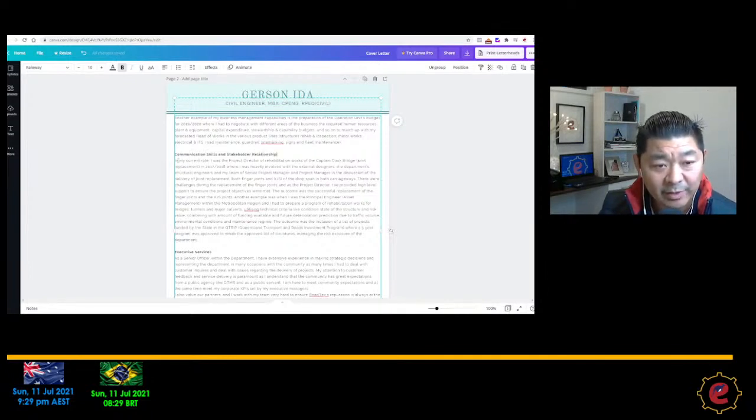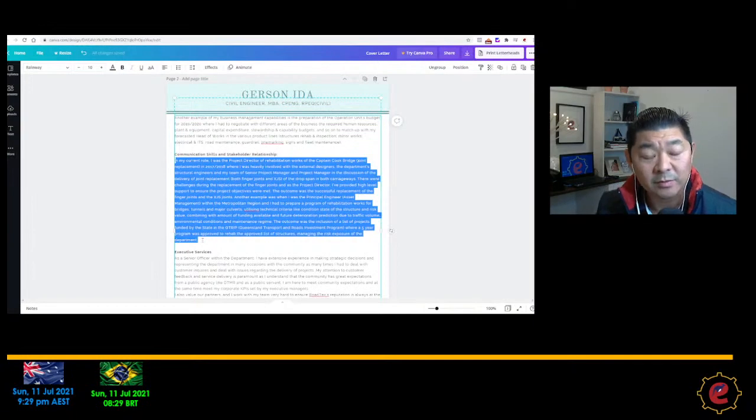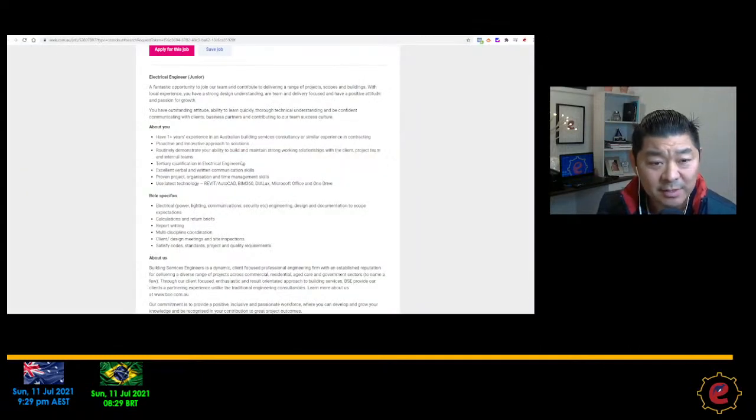I would separate and put another soft skills there: communication skills and stakeholder relationship. And then you would give an example or examples of when you can demonstrate that you really implemented your communication skills and stakeholder relationship, because you can see that they are focusing quite strongly on communication and also stakeholder management. So certainly I would include that as well.